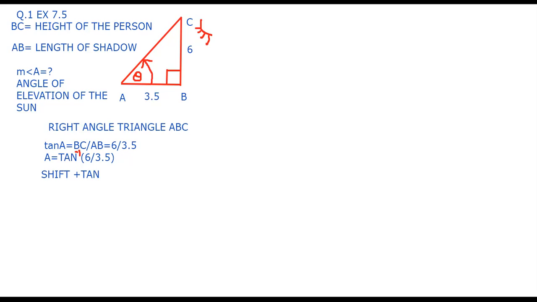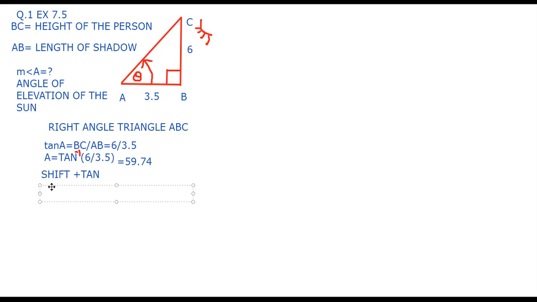Once you operate it, your answer will be tan inverse of this value, that is 59.74. The answer should be in degrees. So right here, your answer will be 59.74 degrees. This is how you will finish the question.